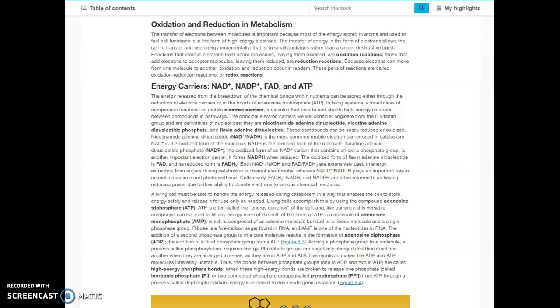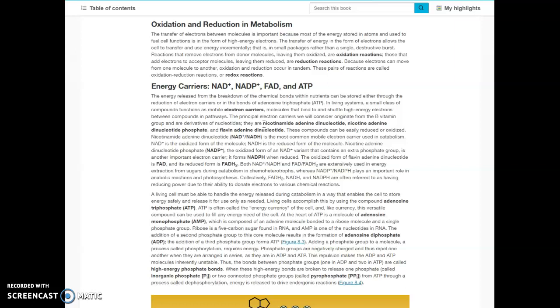I kind of think about these energy carriers, NAD, NADP, NADH, FAD, as Uber drivers or cab drivers, in that they pick up passengers, which are electrons, they carry them where they need to go, and then they drop them off.